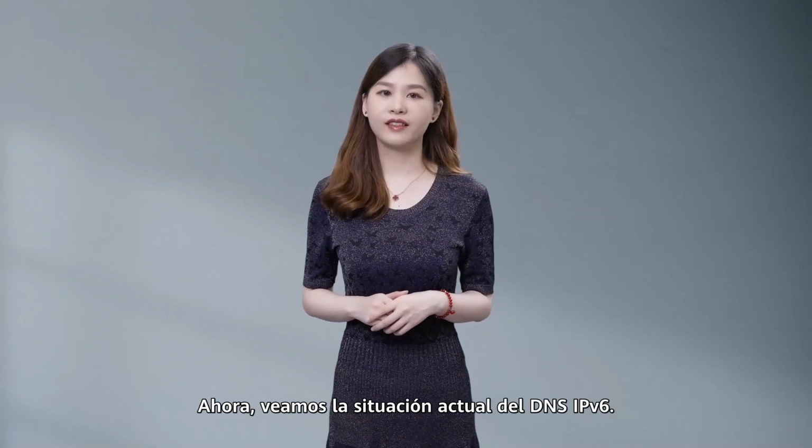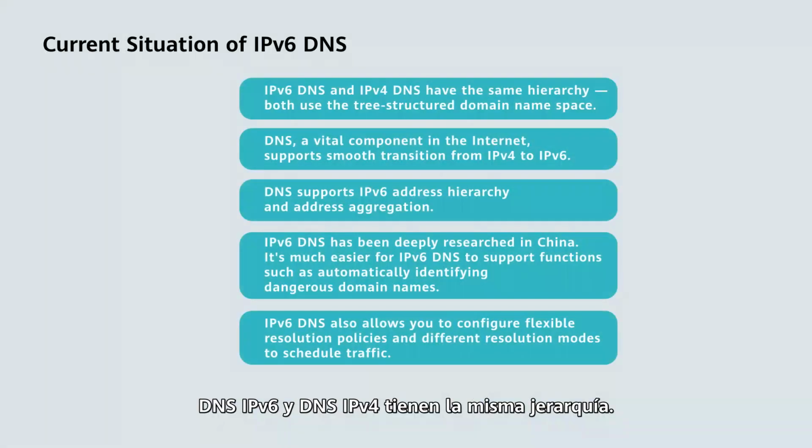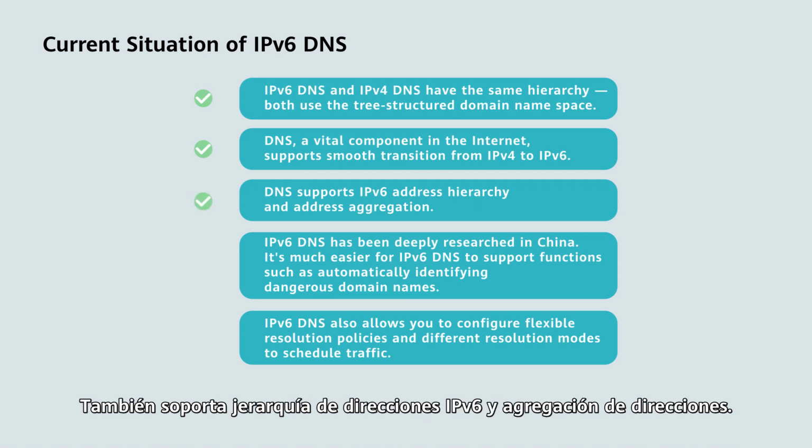Now, let's have a look at the current situation of IPv6 DNS. IPv6 DNS and IPv4 DNS have the same hierarchy. DNS, a vital component in the Internet, supports the transition from IPv4 to IPv6. It also supports IPv6 address hierarchy and address aggregation.